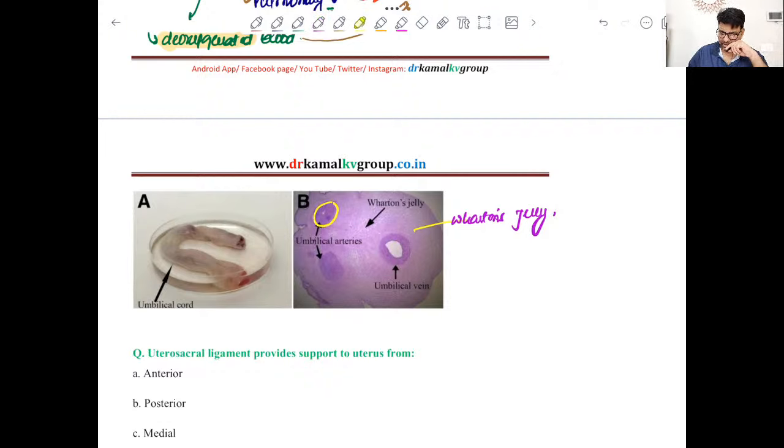This is one artery, this is the second artery, and you will find a single vein. So this is the single vein here. I think now you will never forget that there are two arteries and one vein. Clear? And the matrix is of course the Wharton's jelly, right? So option C is correct.